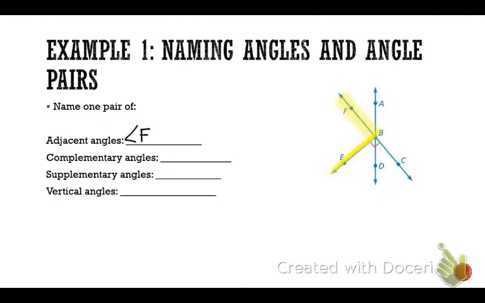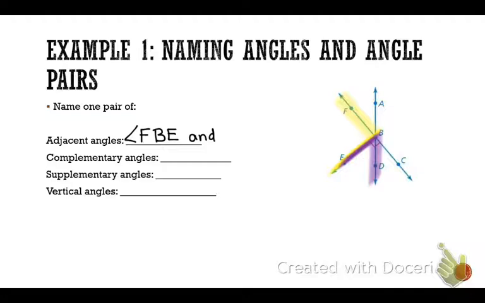Angle FBE. Now we're going to say the word and. Angle FBE is adjacent, and remember, adjacent has to share a side and a vertex. So an adjacent angle to FBE would be EBD, because you guys see that they both share the side BE, or EB.